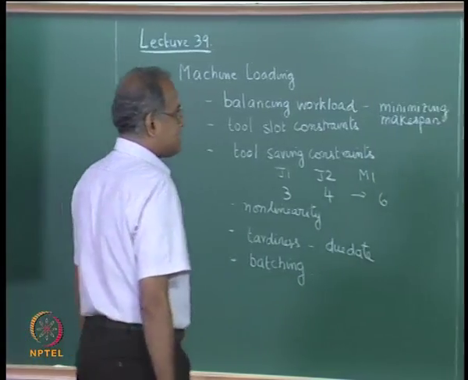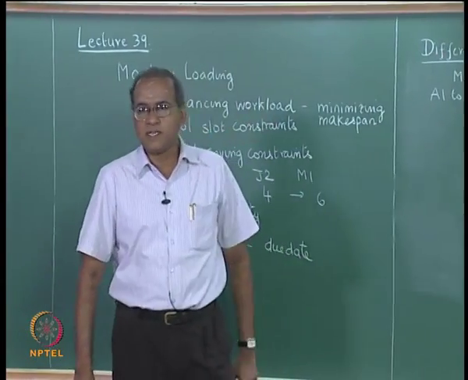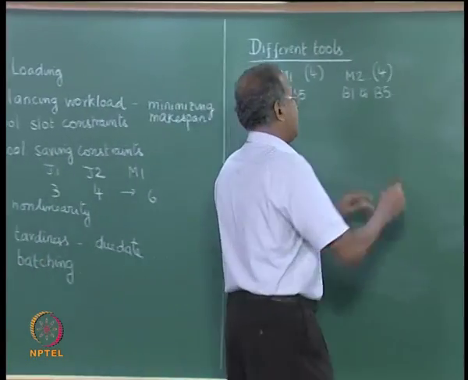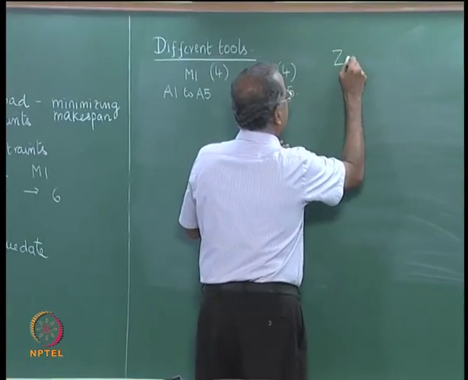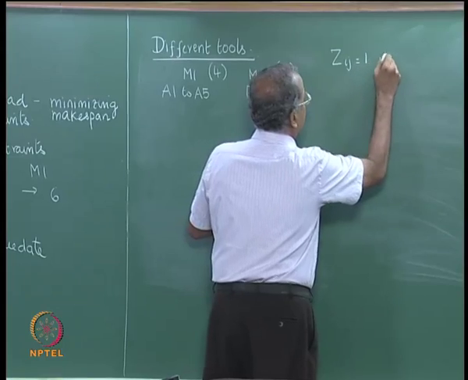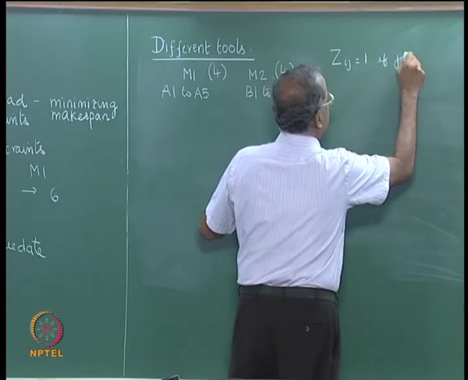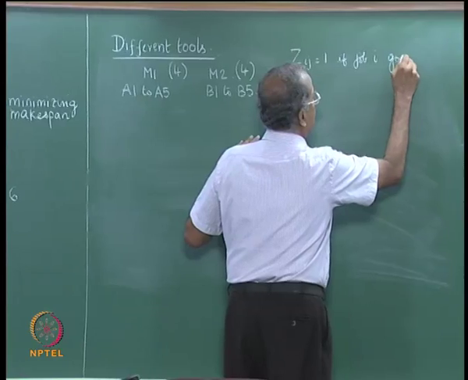Now, we want to balance the workload. So, we will now say that let Zij equal to 1 if job i goes to machine j.